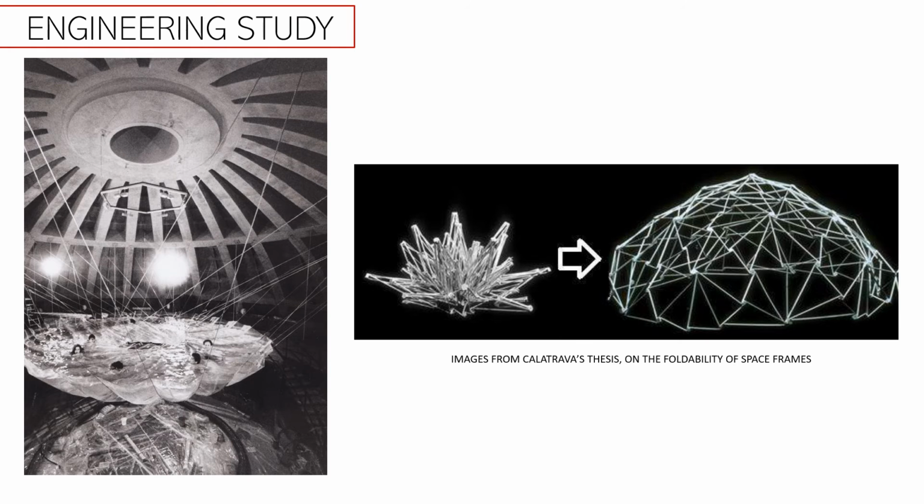Before Calatrava became the architect we know today, he was working through extensive research and analysis in engineering while seeking his PhD. He was focused on his doctoral thesis on the foldability of space frames. He was particularly interested in the moving and collapsing capabilities of various properties of material.